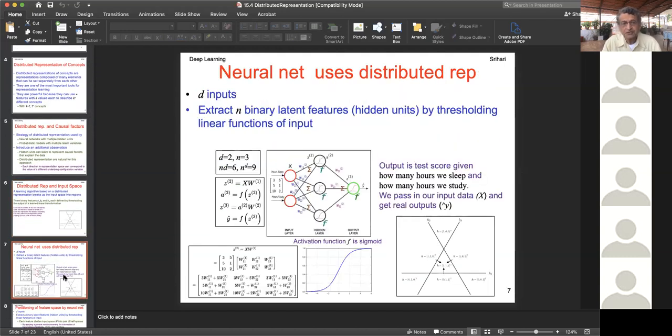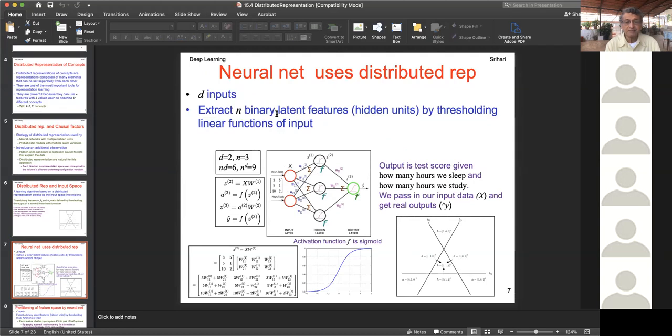So let's put it into a closer perspective. Here is a neural network that uses a distributed representation. This neural network has 2 inputs, 3 hidden units, and 1 output. In general, we say D inputs. In this case, D equals 2.